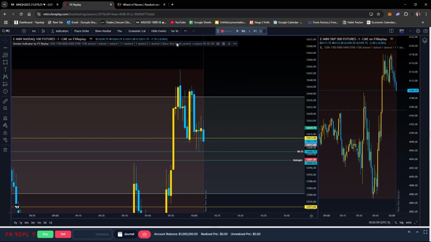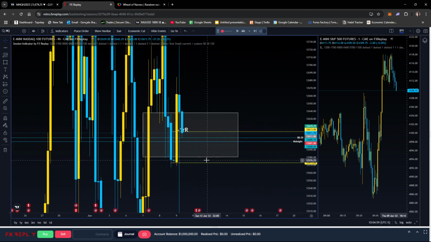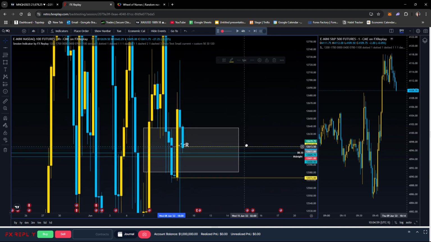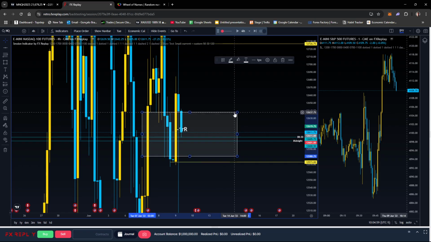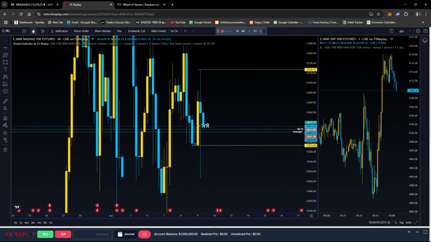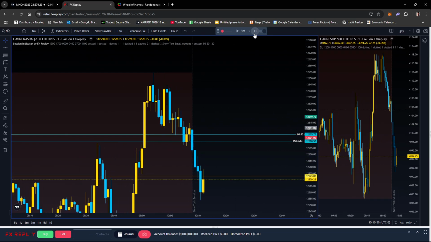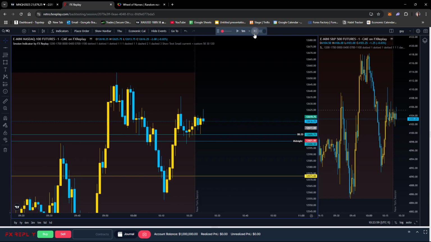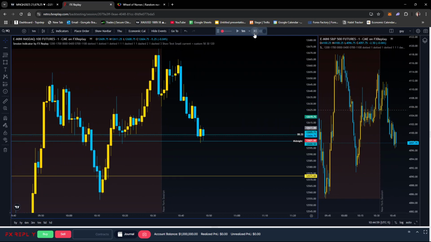Okay. So new 4-hour candle has closed. We have not taken the high or the low. So currently we're back above the inversion. It's looking very choppy. So I'm going to go to the next session, just because the bias to me was not 100% certain.